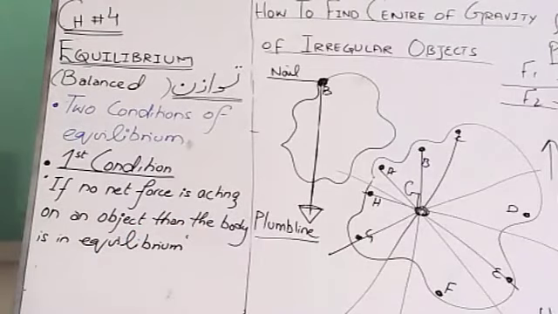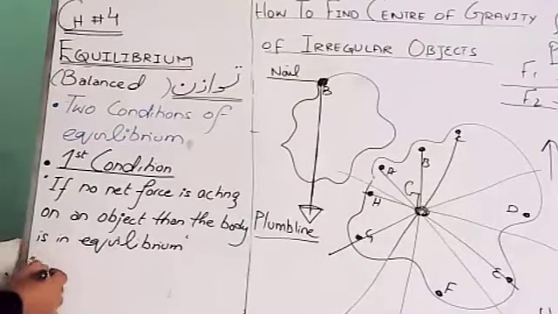If no net force is acting on an object, then the body is in equilibrium, or the object is in the equilibrium condition. Or you can also define it the other way around.